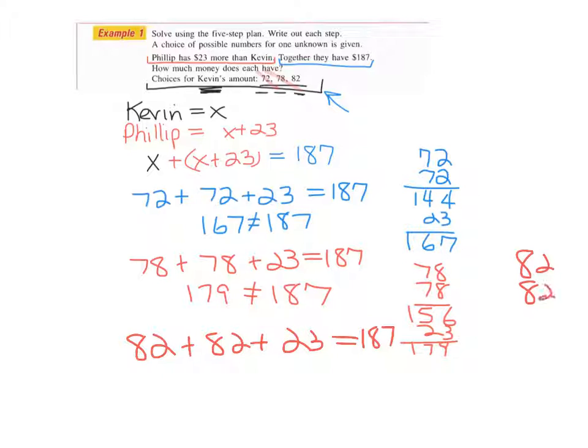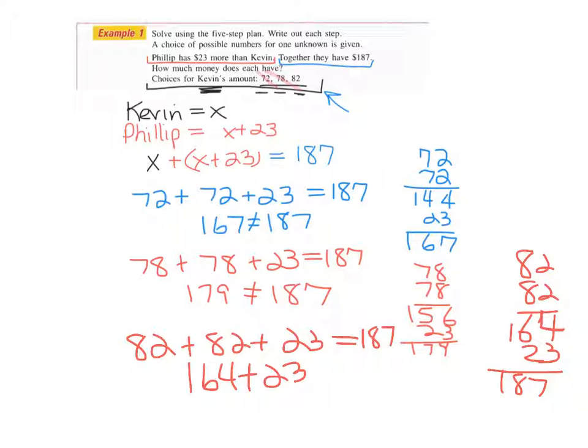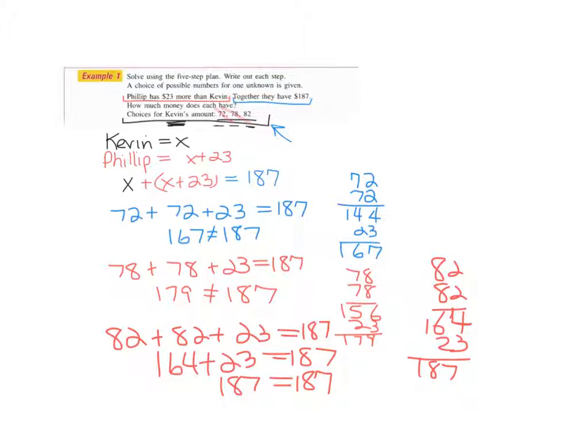82 plus 82 is 164, plus 23 gives me the 187 that I need. So 187 equals 187. So here I can see that Kevin's amount is $82.